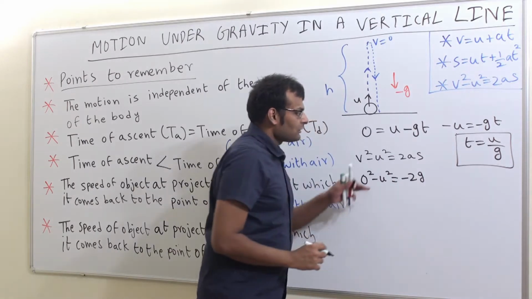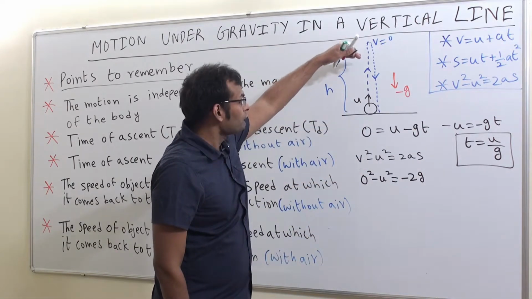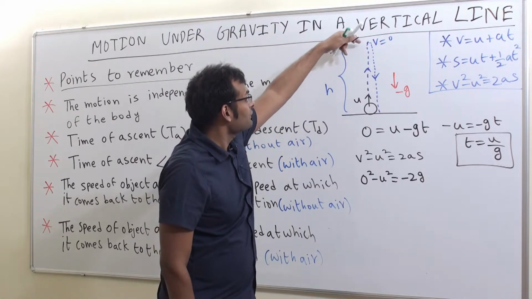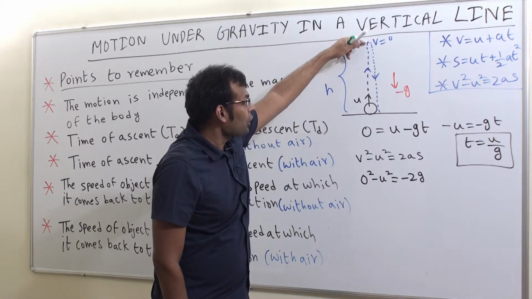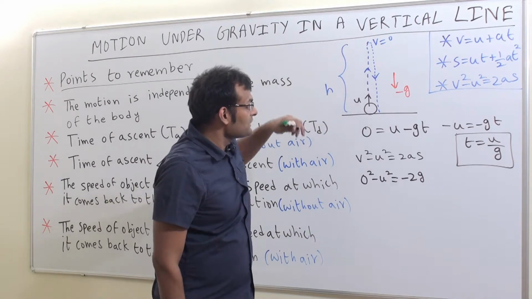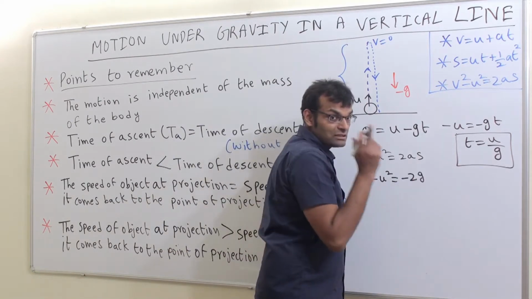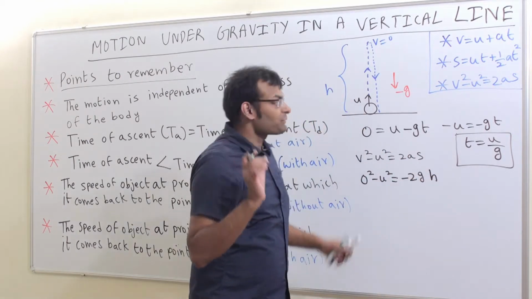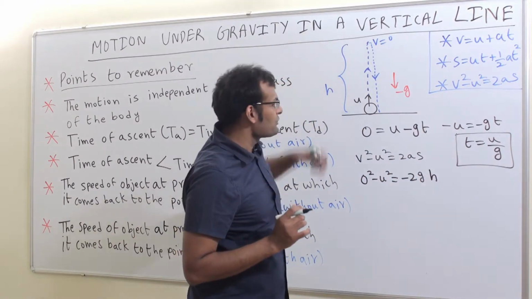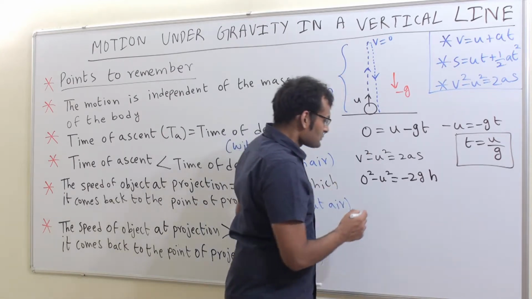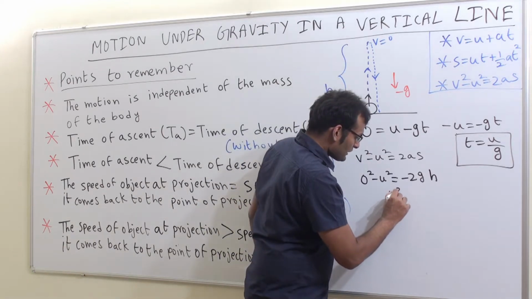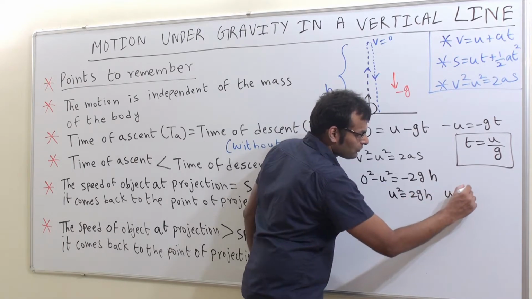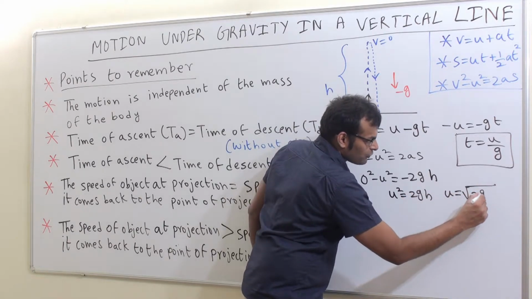What is the height of the topmost point in this particular case? It is s, the displacement, and we take it as h. I am taking it as plus h because it is going straight upwards, in the positive direction. So u square is equal to 2gh, which can be written as u is equal to root of 2gh.